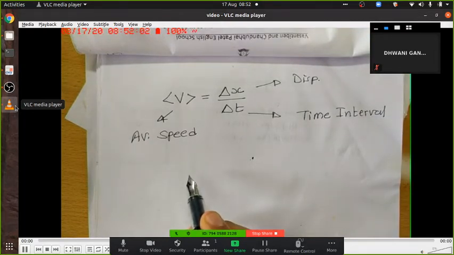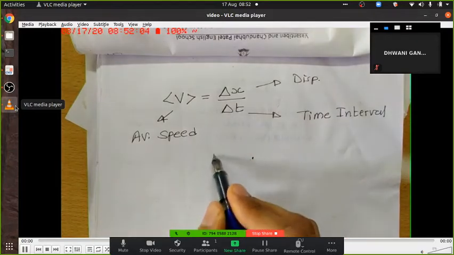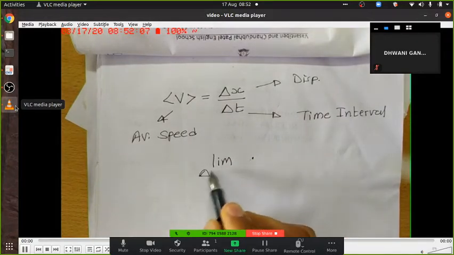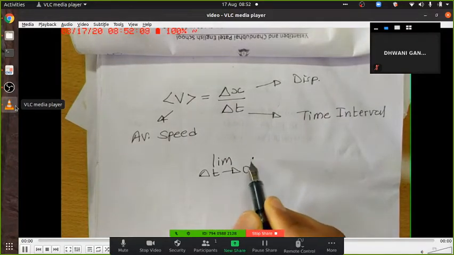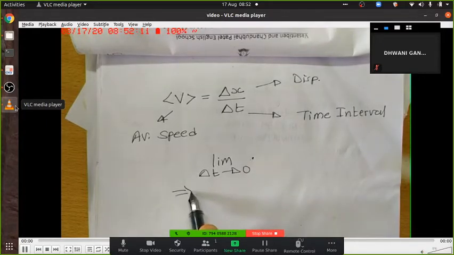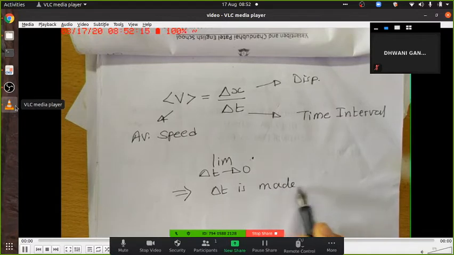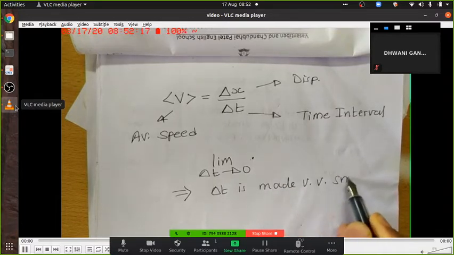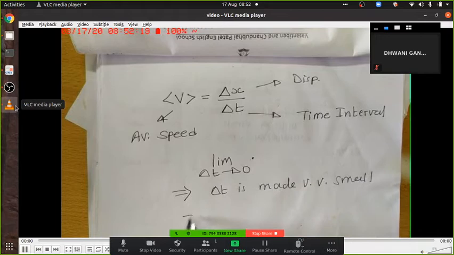Now if I make limit delta t tends to 0, इसका मीनिंग ये हुआ कि delta t is made very very small, implies that now delta t is dt.